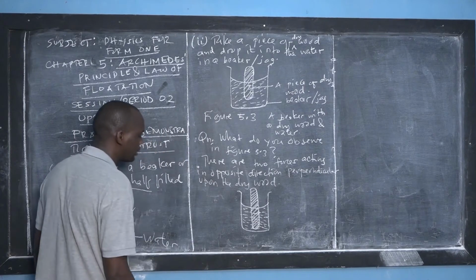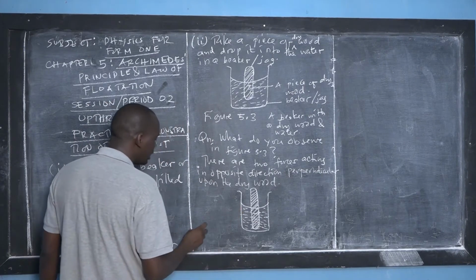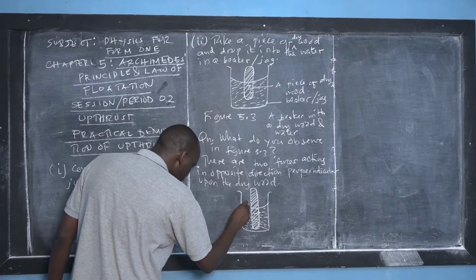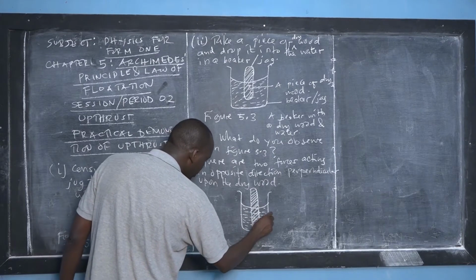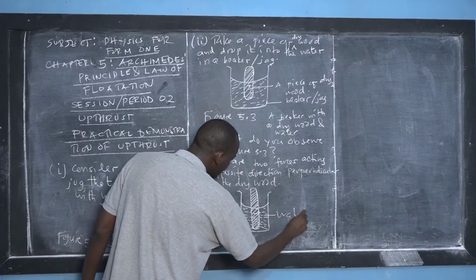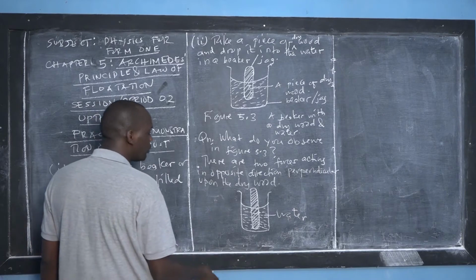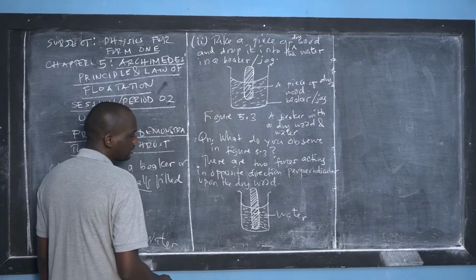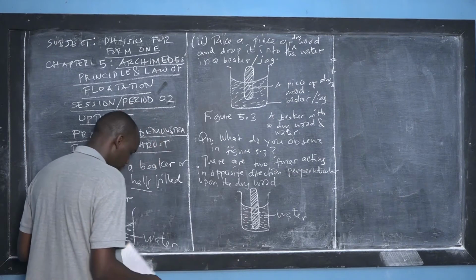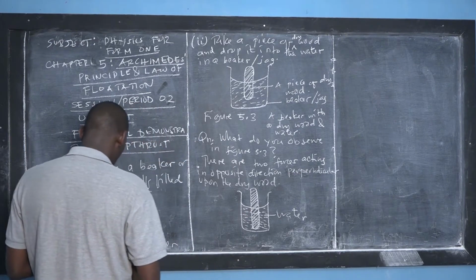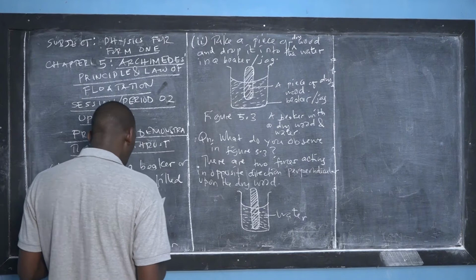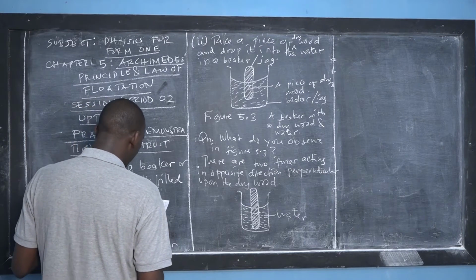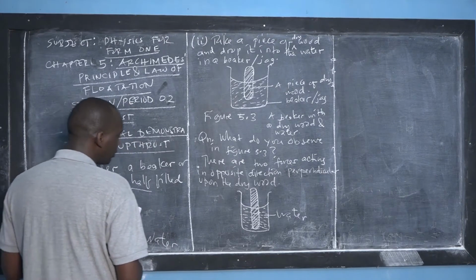Okay, so what happens? So remember that we say the liquid, or for this case is water, exerts an upward force to a body that has been immersed. So that's the concept of upthrust. We say that it's an upward force that a liquid or a gas exerts on the body floating on it.